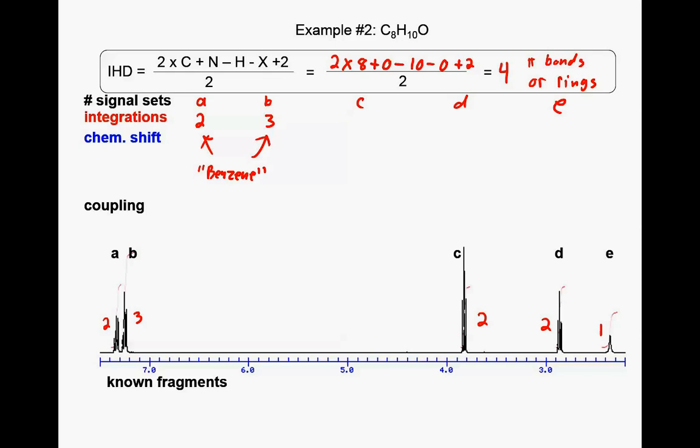And so furthermore, we've got this hydrogen deficiency of 4. And so how many pi bonds are in benzene? 3. But then how many rings? There's 1. Do we have 4 units of deficiency that could basically explain why we have benzene in this case? Sure, right? So a benzene, remember, looks like this.